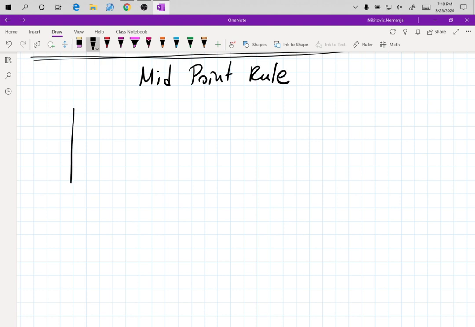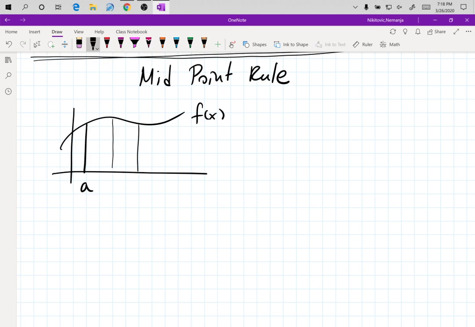Alright, so how does that work? We're going to have some function f of x, and we're going to create, let's put 3 rectangles. We are going to create this interval a to b, which is where we want to approximate the area.